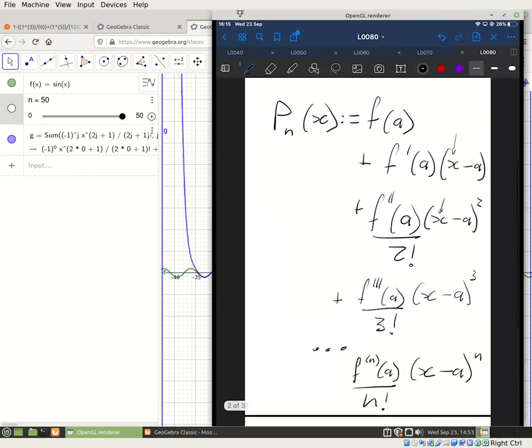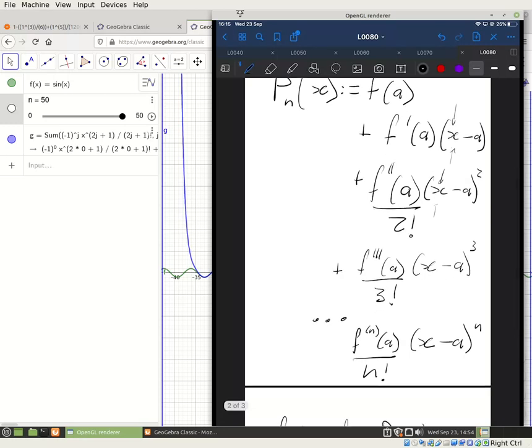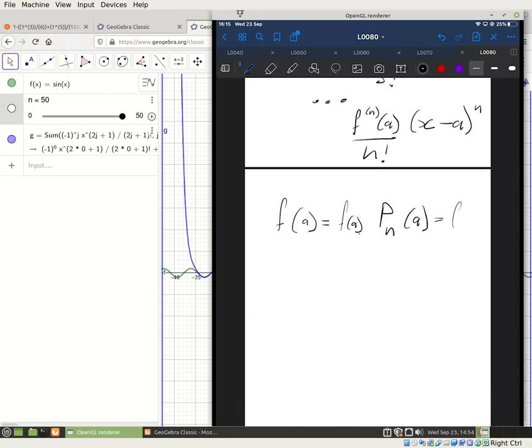If you substitute an A here for x, all the x's are going to become a's. So here we're going to get a minus a, which is 0, a minus a, which is 0, a minus a, which is 0, etc. So the only thing that is going to remain is the function value at a. So our nth Taylor polynomial exactly matches the function value of the function f at a.